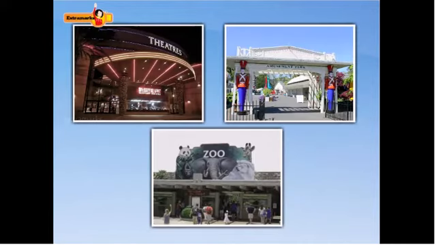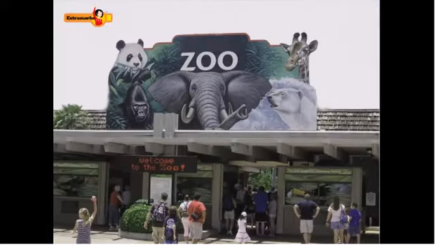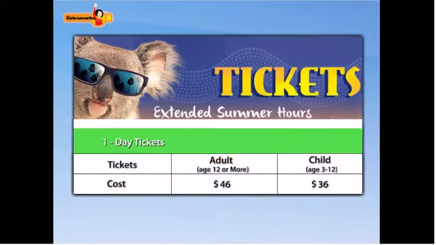Many family-friendly attractions charge different admission prices for children and adults. For example, at a zoo, the price of a one-day adult pass for anyone aged 12 years or more is $46, whereas the price of a one-day child pass for the children aged between 3 years to 12 years costs $36.